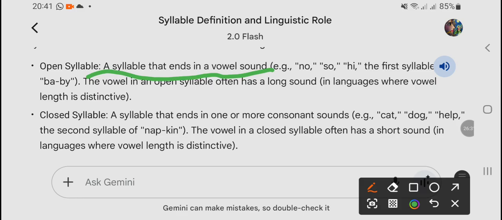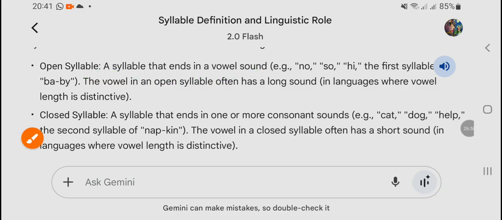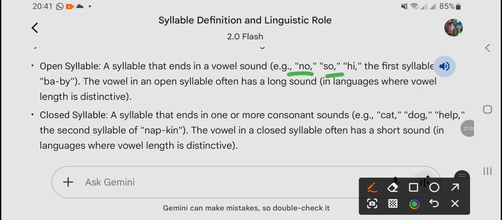Because it ends with a vowel, a word which ends with a vowel or vowel sound is called an open syllable. We don't consider spelling; here we are talking about sound. Examples are baby, and so on. Examples are very important; we should always keep a number of examples in mind.